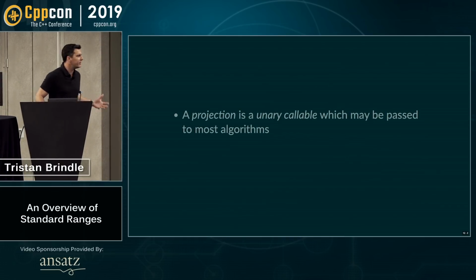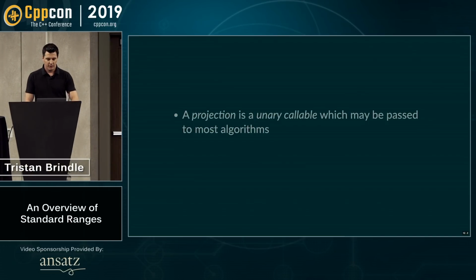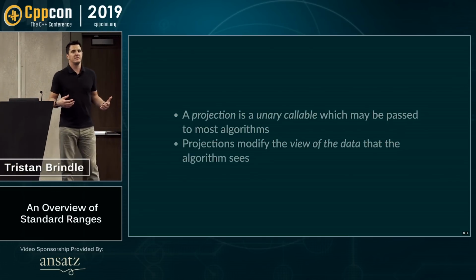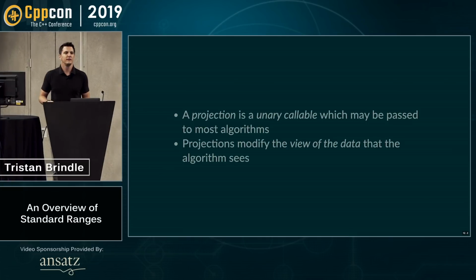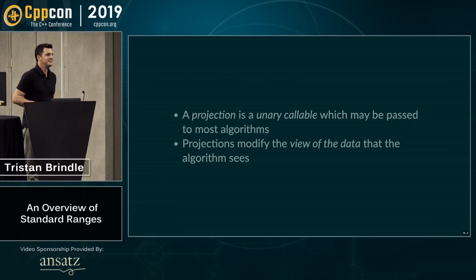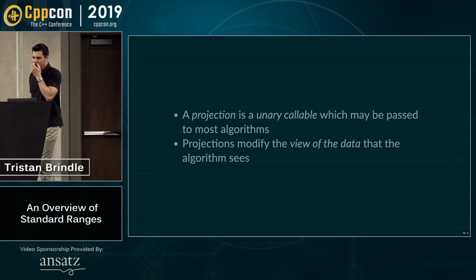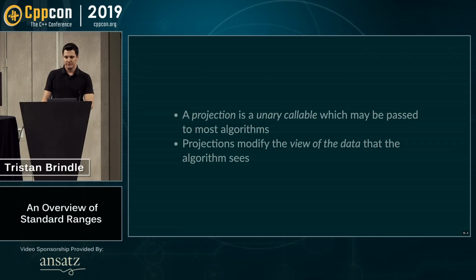A projection is a unary callable which may be passed to most algorithms and which modifies the view of the data that the algorithm sees. Okay, that's nice and clear, right? Move on. No, I'm not sure that this demystifies it very much. Let's have a look at an example to see if that can demonstrate what I'm talking about a bit better.